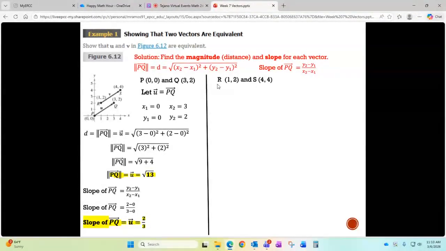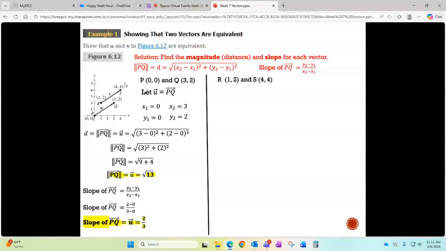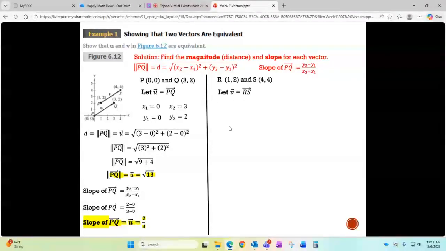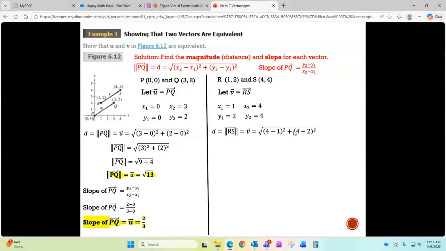So we're going to do the same thing, but now these are our points. This is the vector v right here, or RS. R is coordinates 1, 2. S is coordinates 4, 4. So when we write out the points, the first point, x1, y1 is 1, 2. Our next point, S, x2 and y2 are 4 and 4. So that's going to help us plug everything in appropriately.